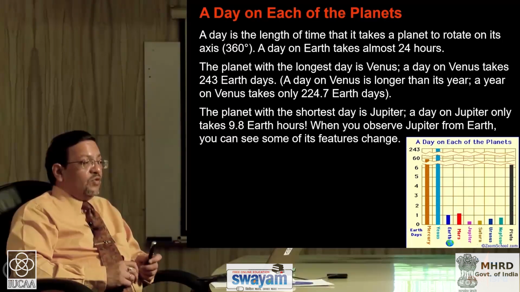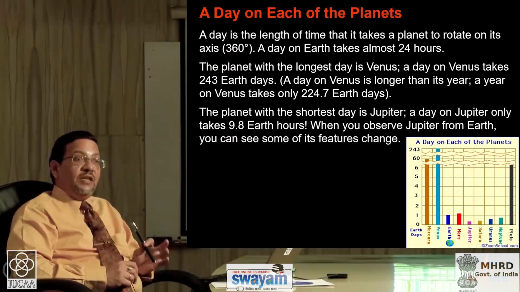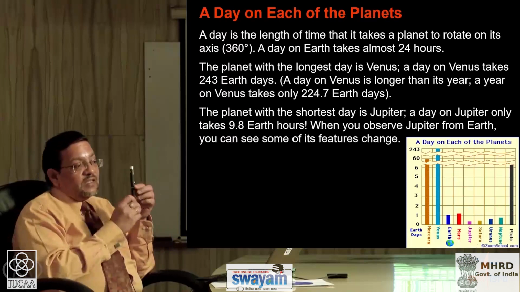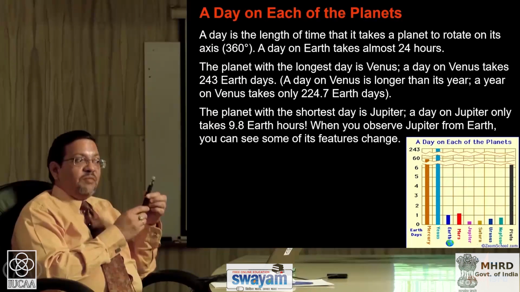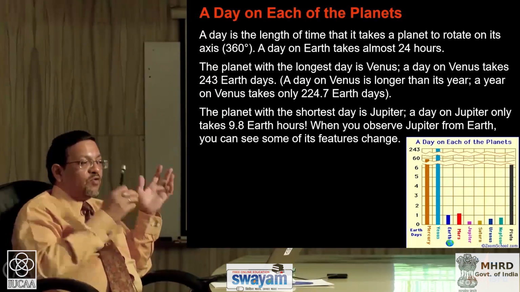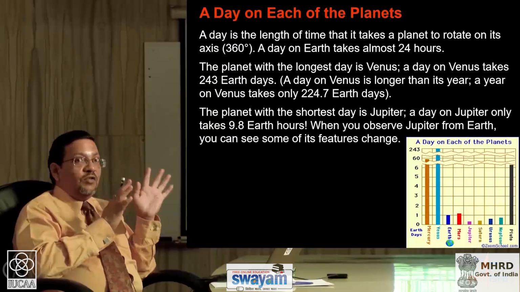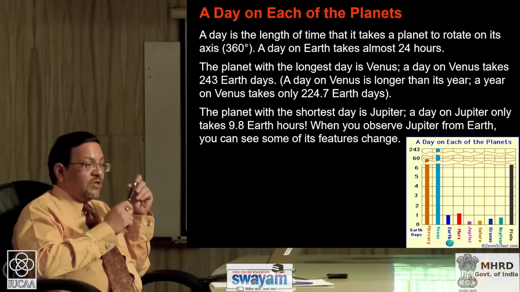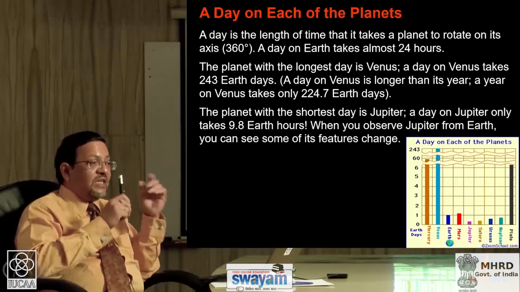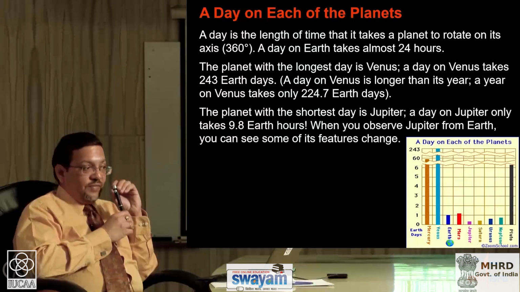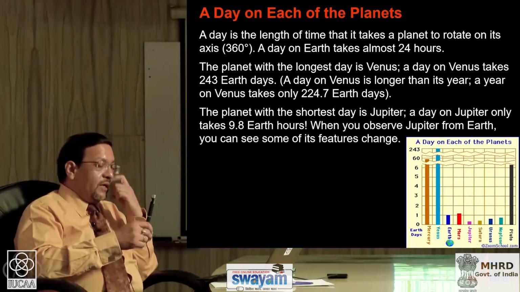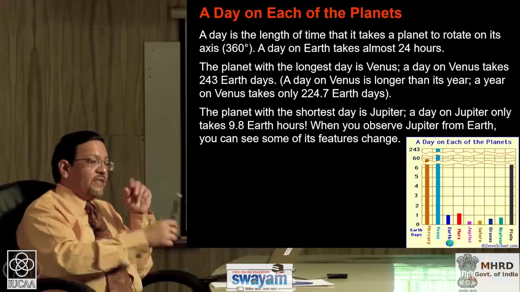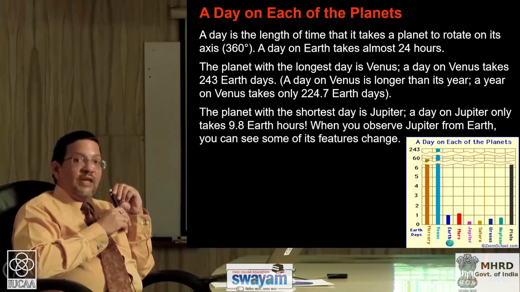It takes about 243 Earth days for Venus to rotate on its axis. That means it will have about 120 days of day and 120 days of night. Similar is the situation for Mercury, which takes close to 50 or 60 days to rotate on its axis. And if you go to Jupiter, you will find that it has a rotation period of even less than 1 day.